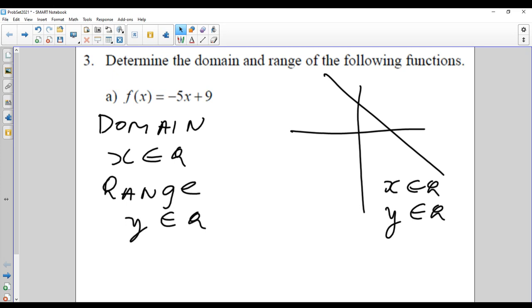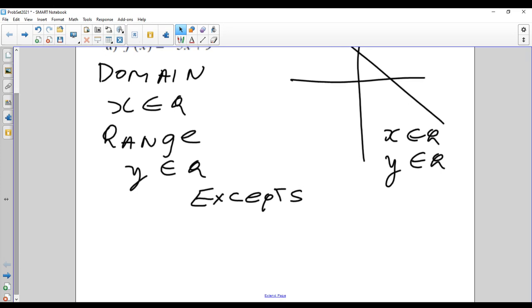Let me give you the exceptions. There's 2 exceptions. So here are the 2 exceptions.